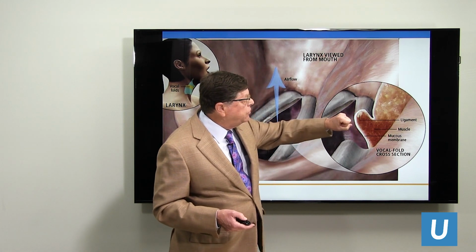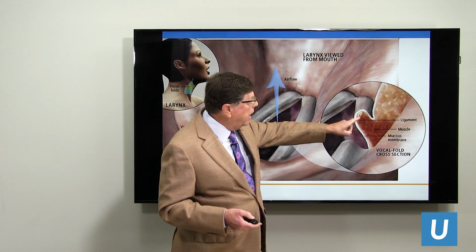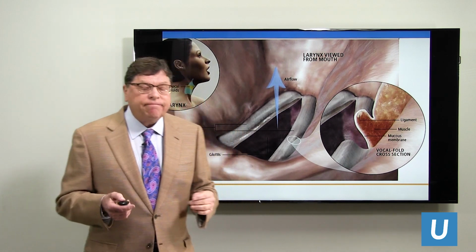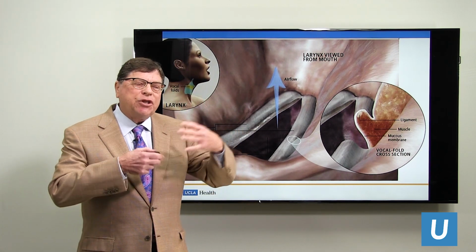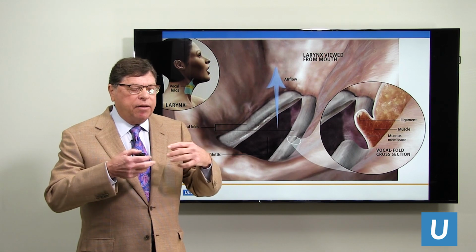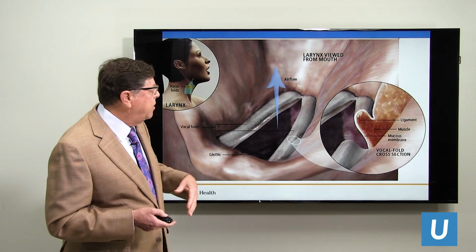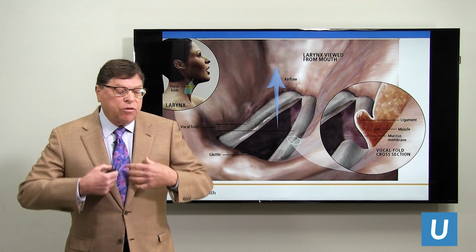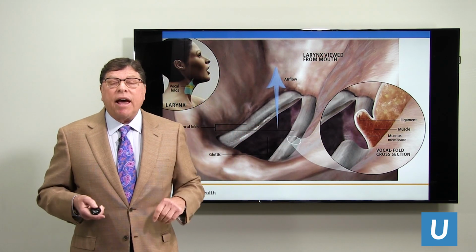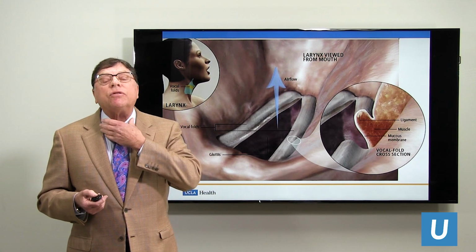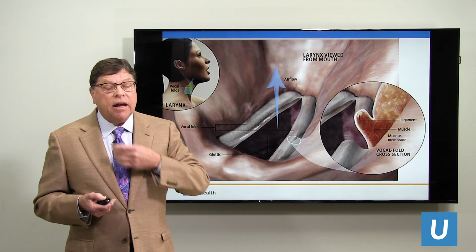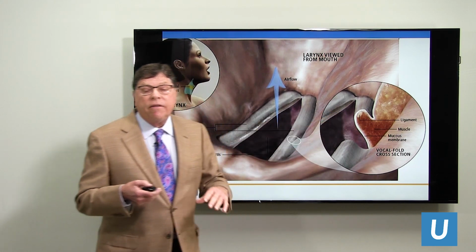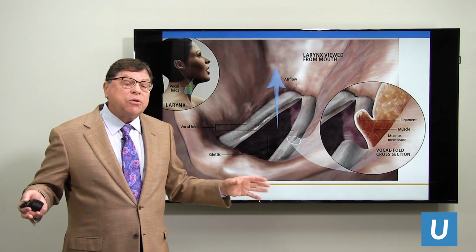There's a kind of dense structure called the ligament, and then underneath this mucous membrane, which is kind of like a jello type of very soft vibrating material, are a number of muscles that actually can tighten or loosen. And believe it or not, we have extrinsic muscles, those are muscles in the neck. And then we actually have muscles themselves within the vocal folds that can be tightened or loosened.